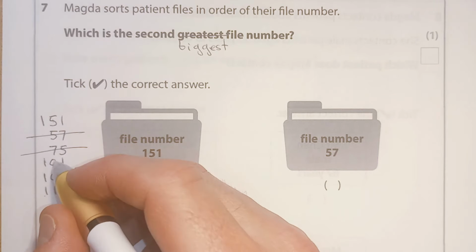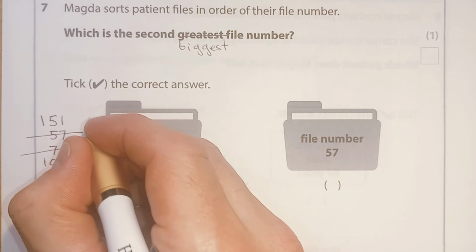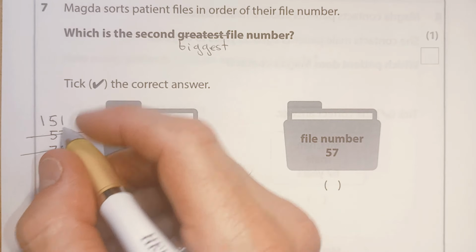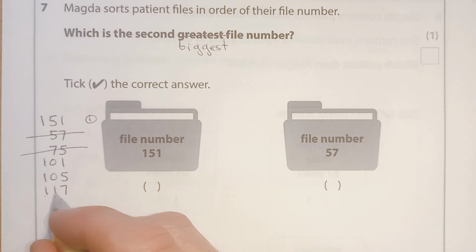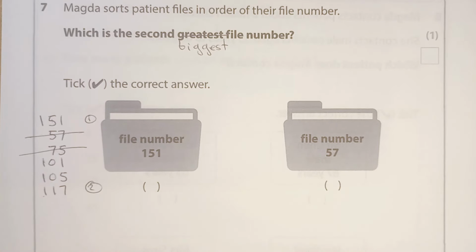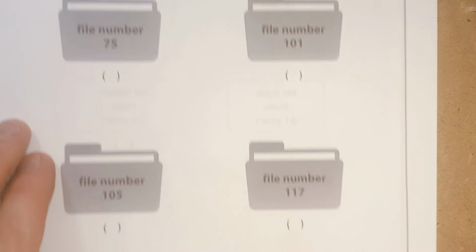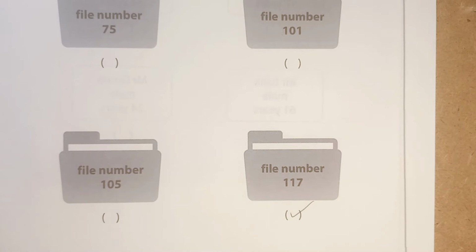Well, 5 is going to be the biggest. So let's put a number 1 to show that's the biggest one. What's the next biggest? Well, 1 and 0 tens, 1 and 0 tens, or 1 and 1 ten. So it's going to be that one. So 117. So now we just need to put a tick there.